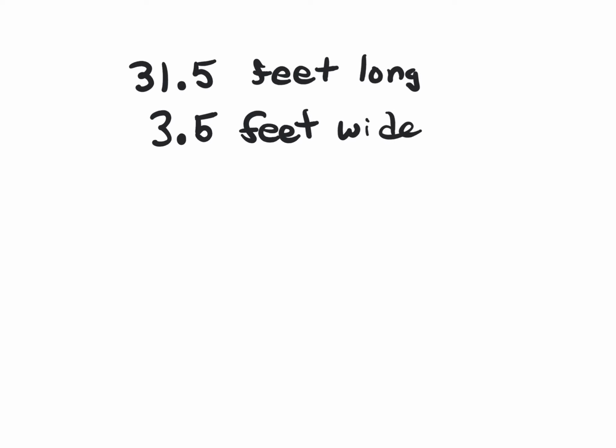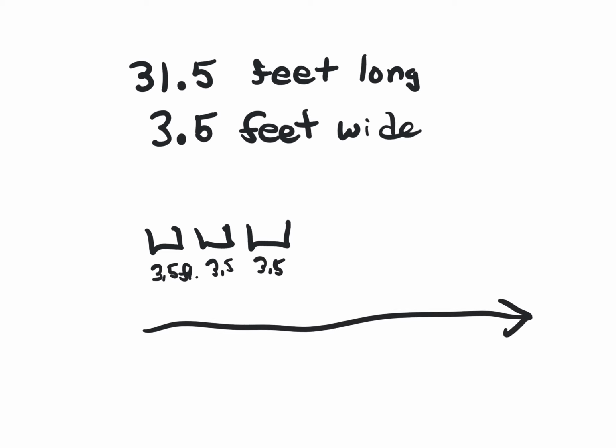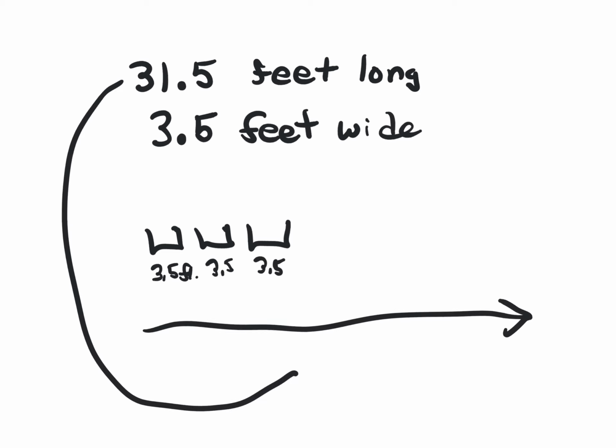How many booths are in each row? So each booth would be 3.5 feet. So there's a booth that's 3.5, there's a booth, and this just keeps going until it makes a total of 31.5 feet.